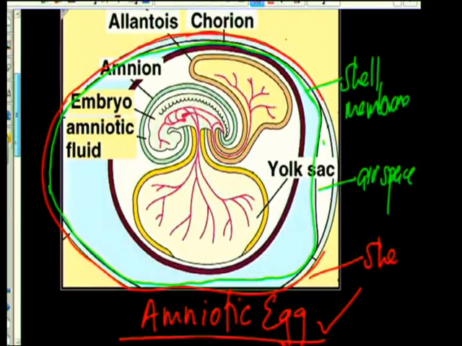Okay. Then we go into the structure and we find these three structures here. One is the yolk sac. Second one is the allantois. There we go, allantois.